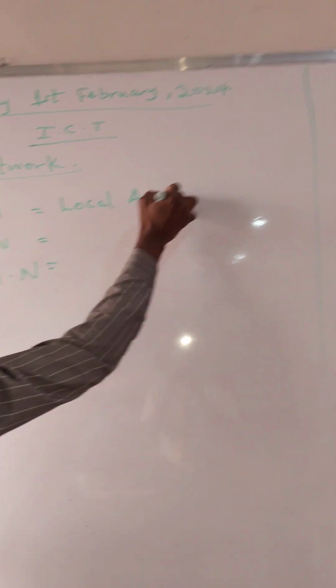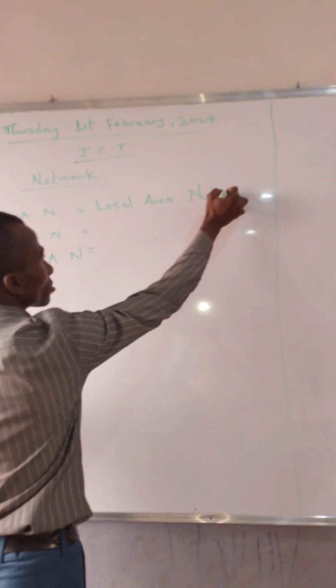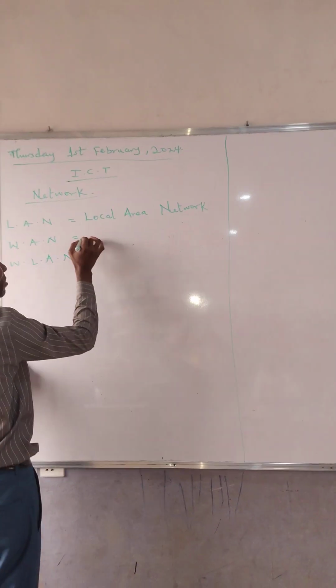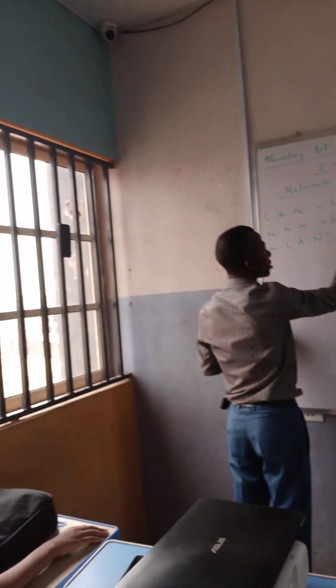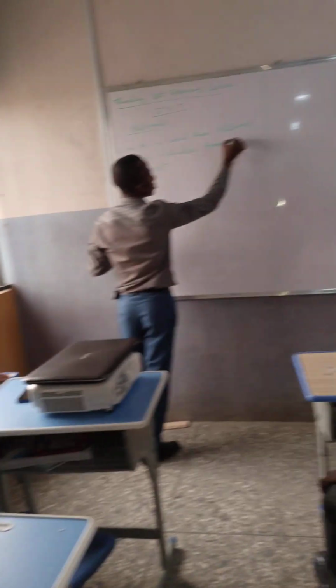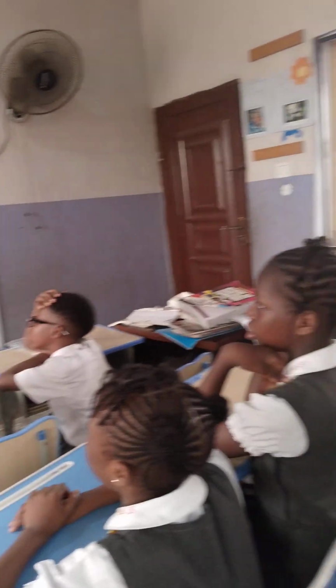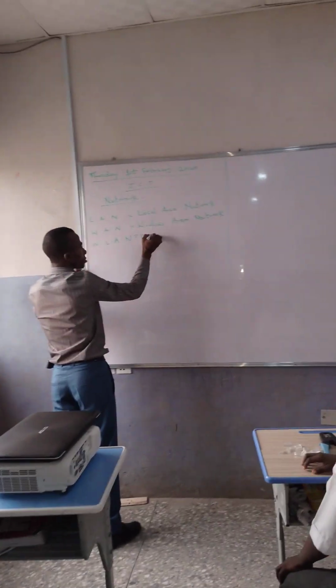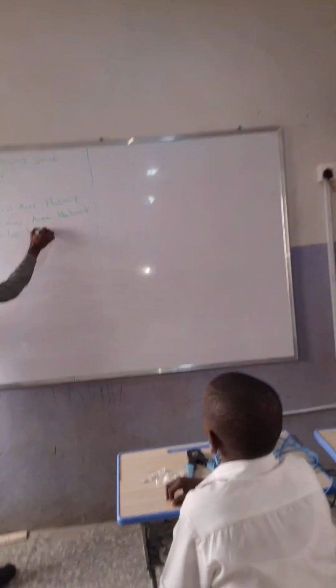Local area network. The WAN means? Wide area network. WLAN? Wireless local area network.